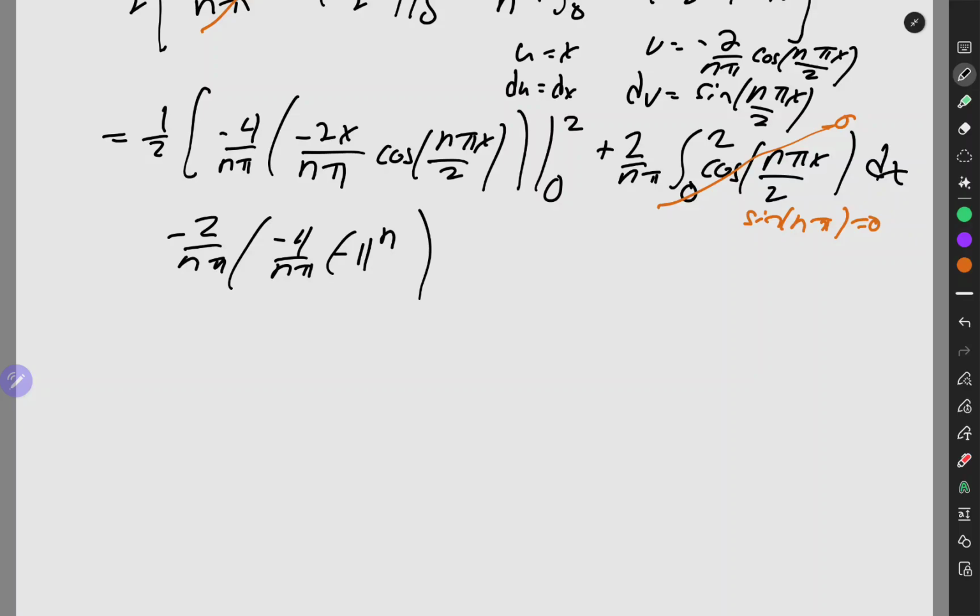What are the chances that's right? Let me check. It's almost right. Apparently, we're off by a factor of 2. How did that happen? The 1/2 on the outside. Did I forget the 1/2 when I did it?